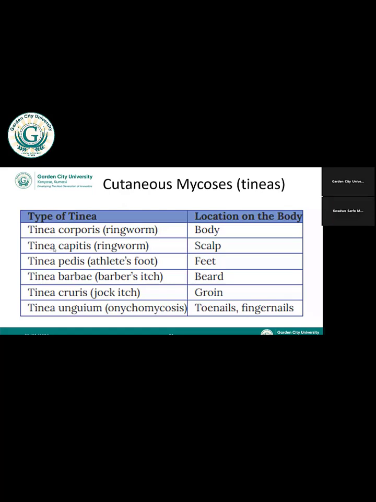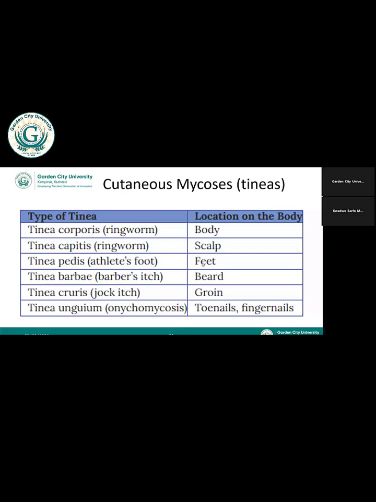Tinea capitis, also ringworm. Capitis is localized on the scalp. So on the head, you have capitis. If it has to do with the body parts externally, that is tinea corporis.